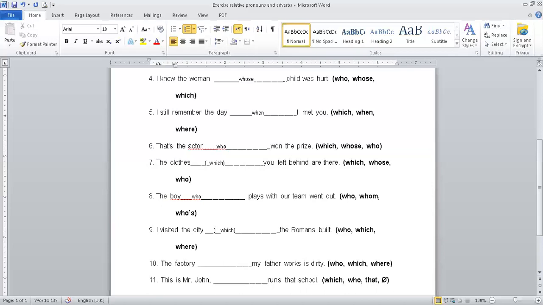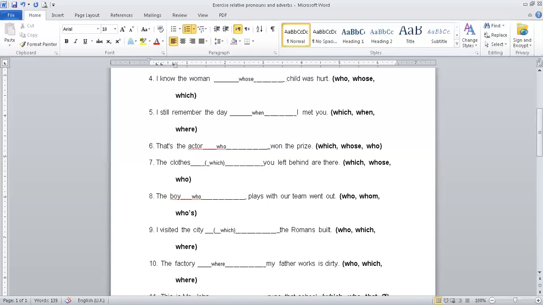10. The factory my father works is dirty. In this sentence, we modify a place, the factory. It's as if you are saying my father works in the factory. So this is a place, and the relative adverb that defines a place is where. The factory where my father works is dirty.